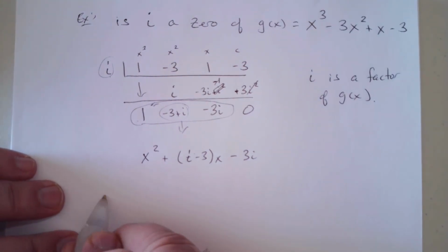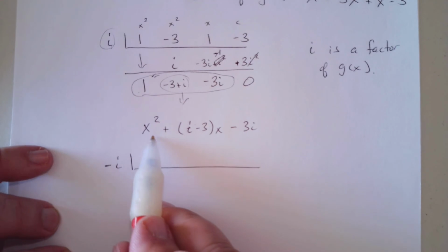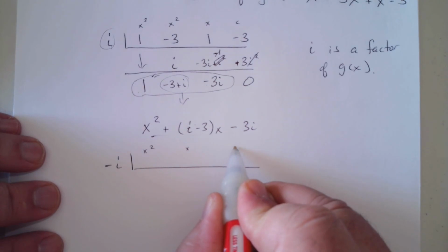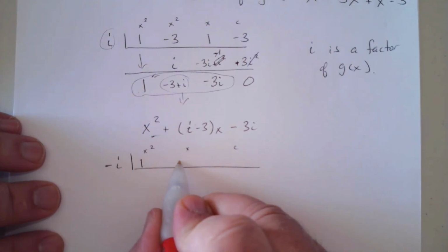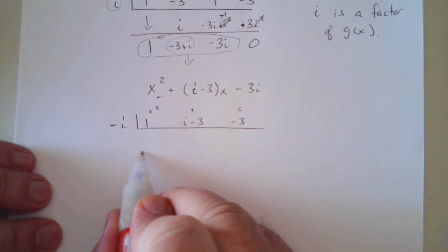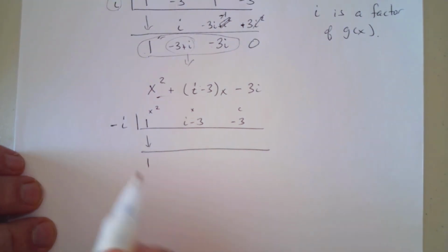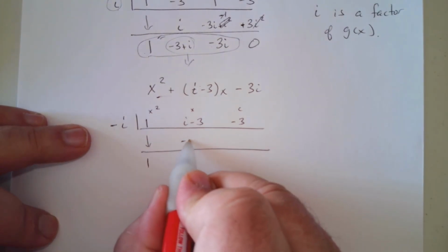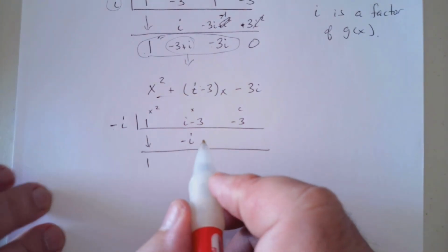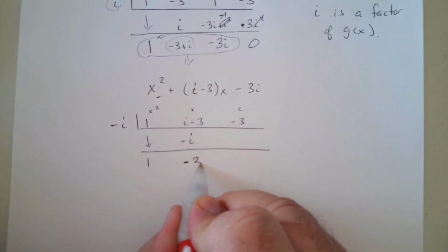Let's check if negative i is a solution, or a factor, with this one. So the coefficients of x squared, x, and the constant. So we have 1, i minus 3, minus 3. Multiply. Negative i times 1 is negative i. Add these. So i minus i cancels, so we have negative 3.